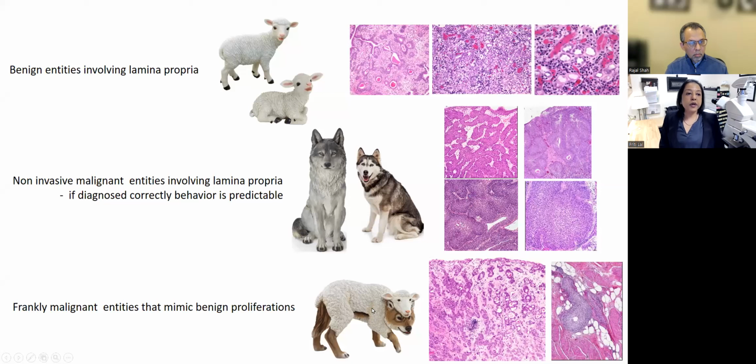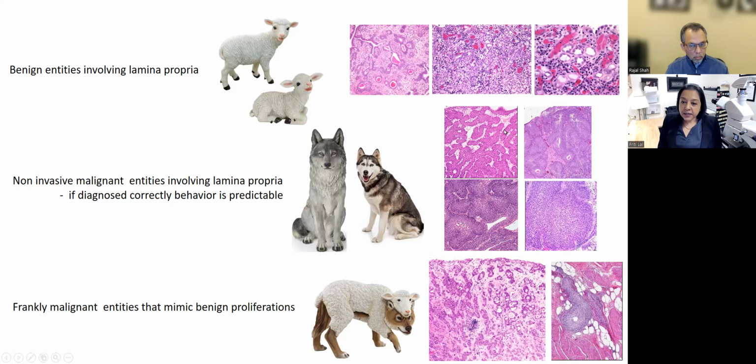So in summary, we have to remember to recognize benign entities in the lamina propria, including Von Brunn's nests and nephrogenic adenoma, and not confuse them with carcinoma.